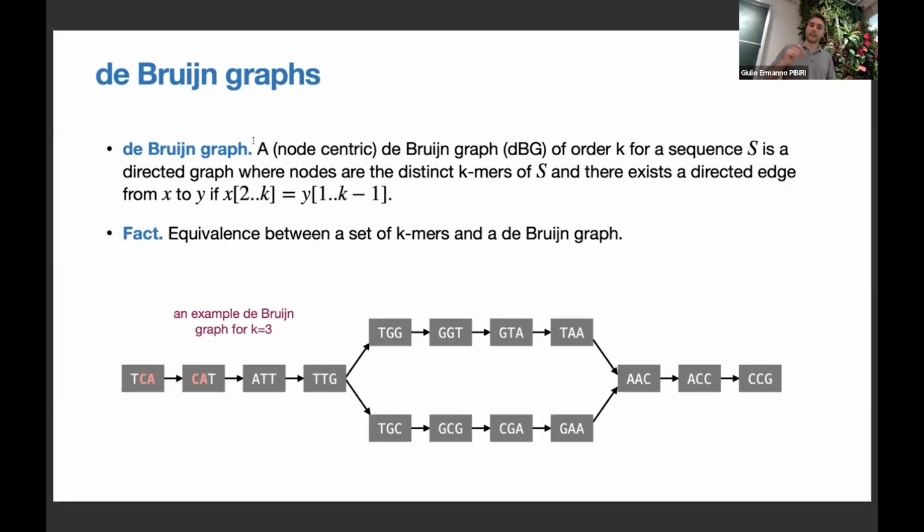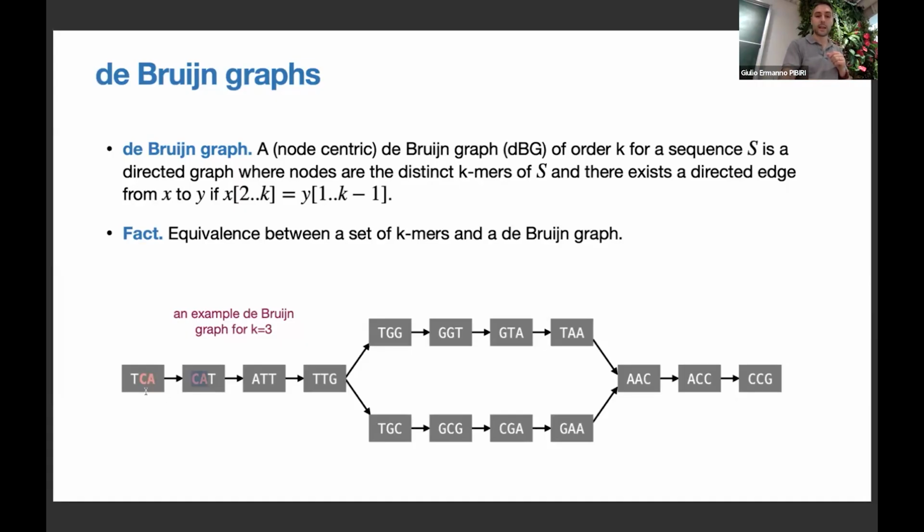And we have a directed edge from, let's say, k-mer U to k-mer V if U and V share a k-1 symbol overlap. Namely, the k-1 long suffix of U is equal to the k-1 long prefix of V.